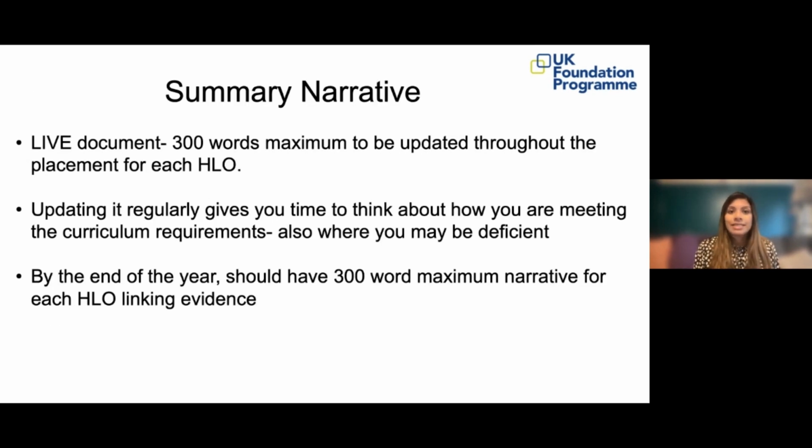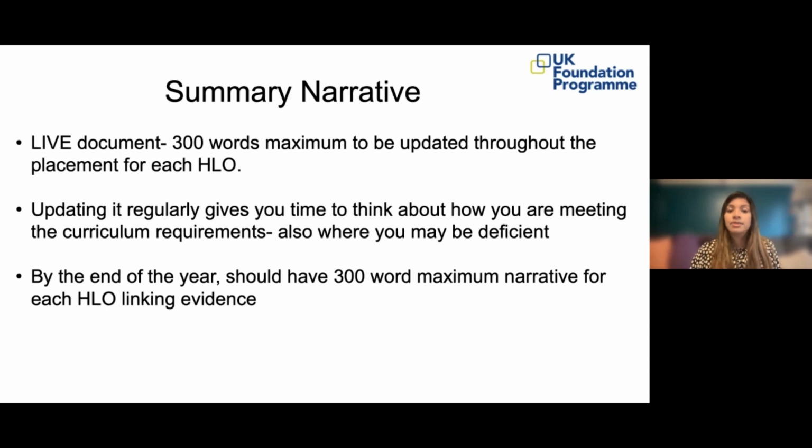So the summary narrative: I think this is something that certainly I and a few of my colleagues didn't quite understand at the beginning of the year. This is a live document, and you should really be updating it as you go along throughout the year. For each higher learning outcome, it's a 300-word paragraph. The idea is that updating it regularly gives you time to look at the evidence you've presented in your portfolio, and at what may need further development or where you may not have provided evidence.